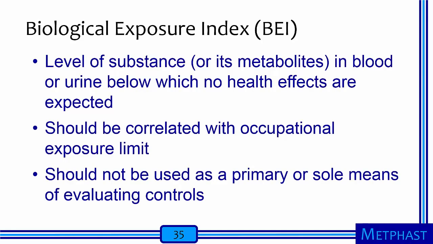A biological exposure index, or BEI, represents a concentration of a substance in blood or urine below which no adverse health effects are expected. BEIs should correlate with occupational exposure limits. They should not be used as a primary or sole means of evaluating the effectiveness of exposure controls.